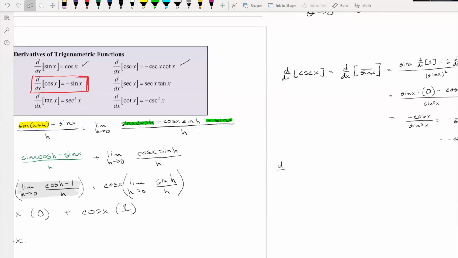That is a matter of using the quotient rule again. Because cotangent, you know, is cosine x over sine x.